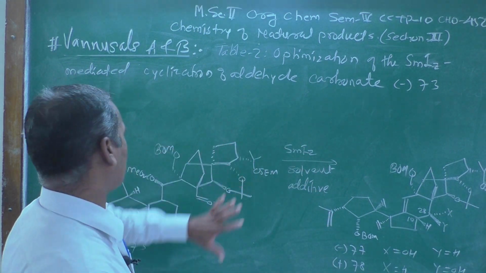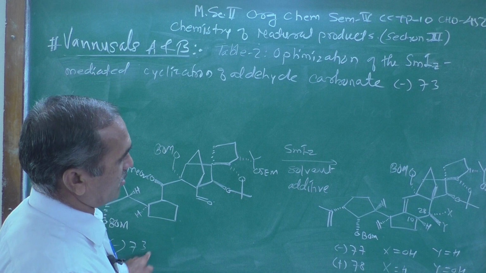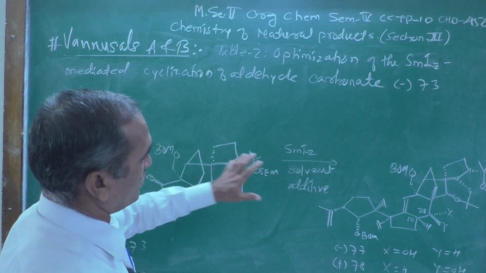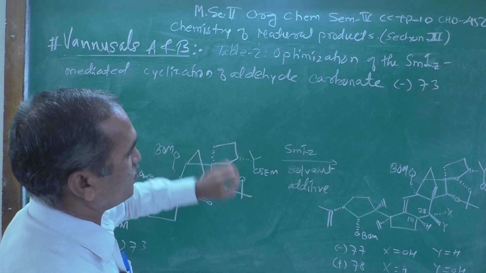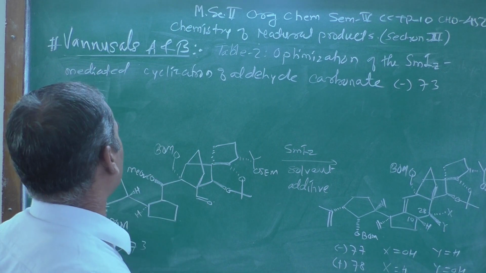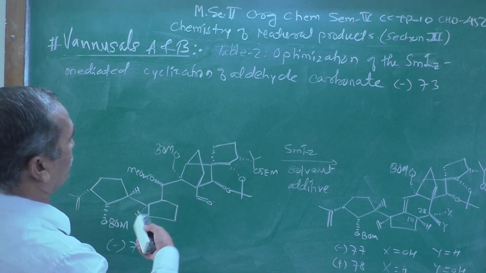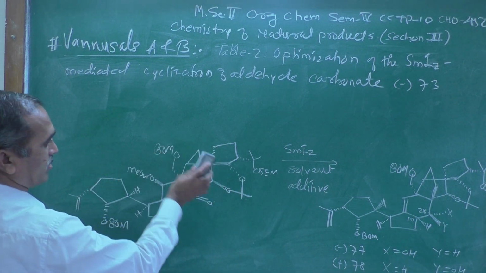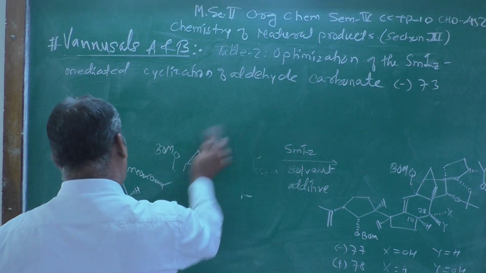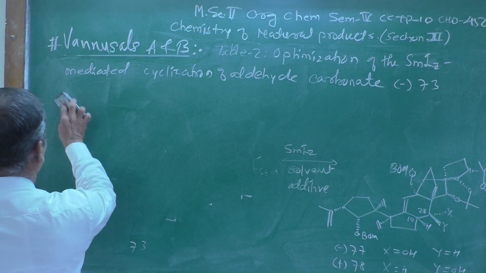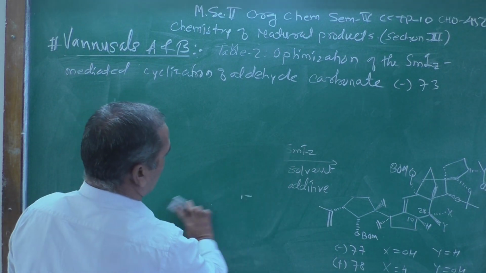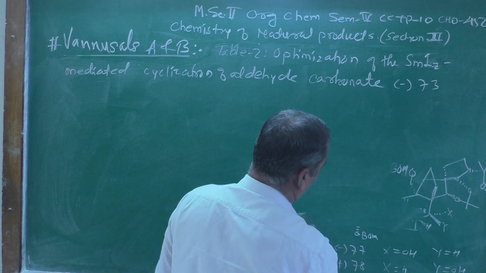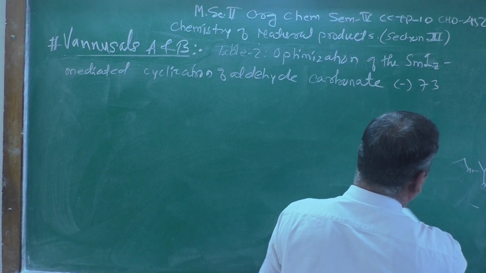This is the structure, this is minus 73, where the aldehyde, how the SmI2 is used for the cyclization, mainly mediated by a free radical mechanism, and we will get this type of compound which is required for the synthesis of vannusal, which is our target molecule. And as we know, target molecule means what?